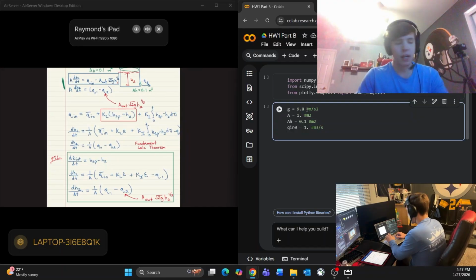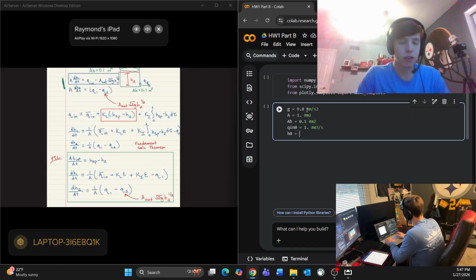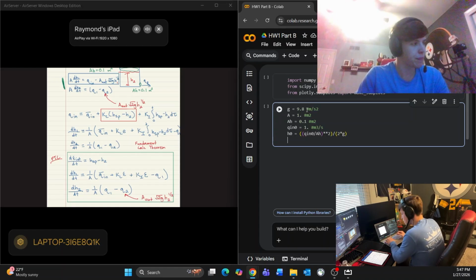So then from there we can identify our initial height as well, and our initial height for this problem will come out to Q_in naught divided by A_out, and that all is squared. And then this will all be divided by 2 times our gravity.